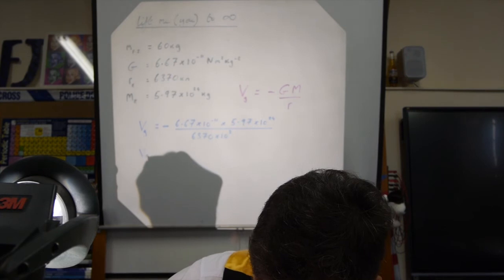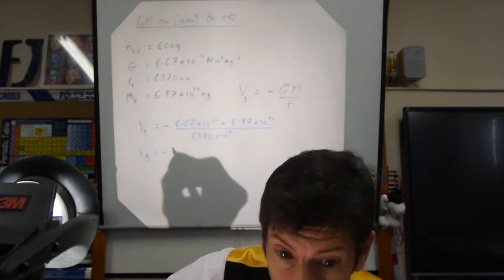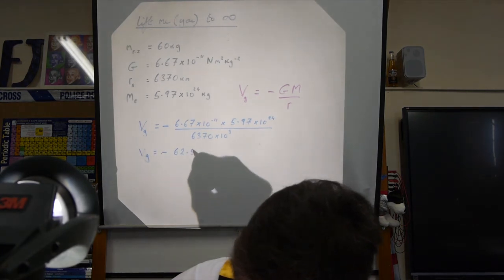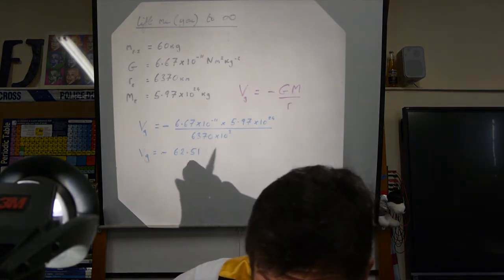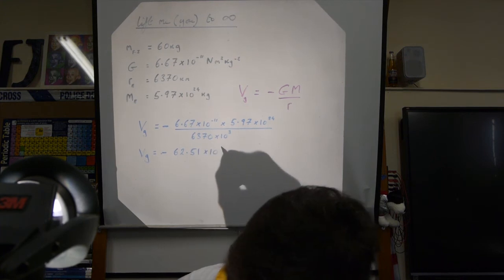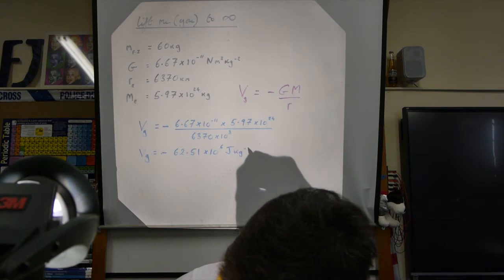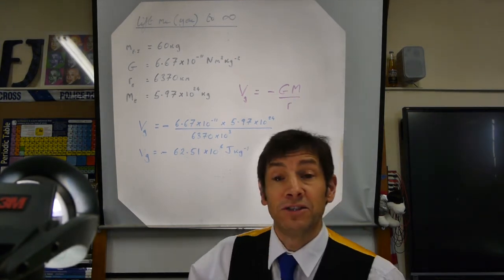So VG, I hope you got, was 62.51, I'll go to 2 decimal places here, times 10 to the 6 joules per kilogram. Did you get that?